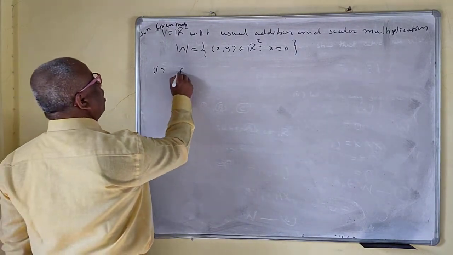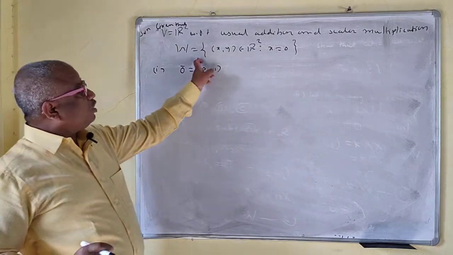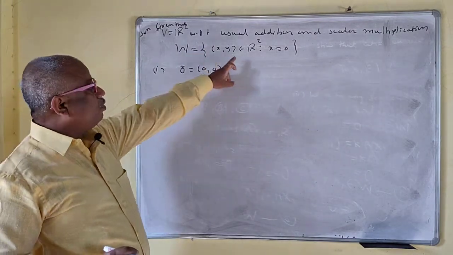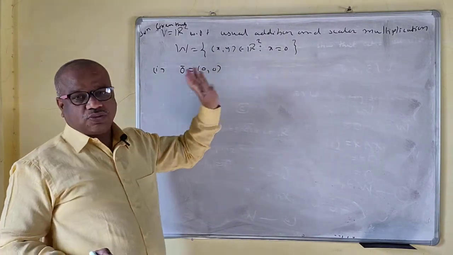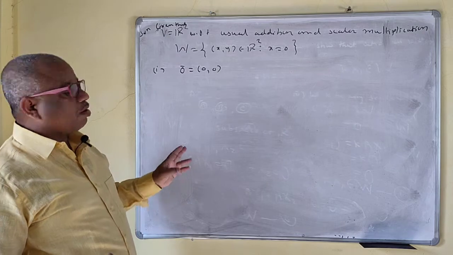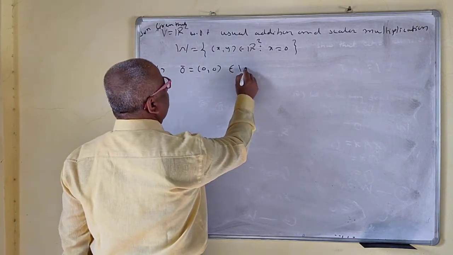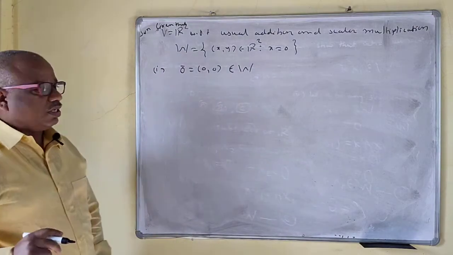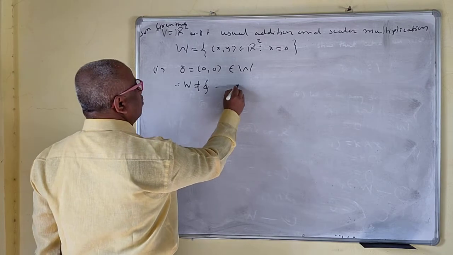So 0 bar is equal to 0, 0. Which vectors belong to W? Those whose x coordinate is 0. If the first component is 0, then the vector is in W. So this belongs to W, because x is 0 here. Therefore W is not empty. We call this as A.